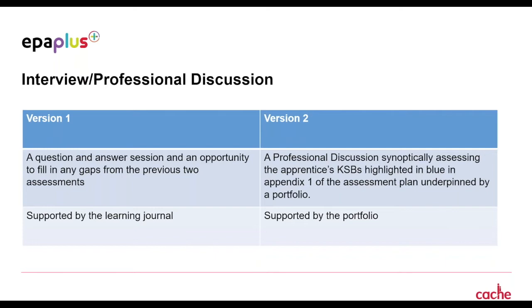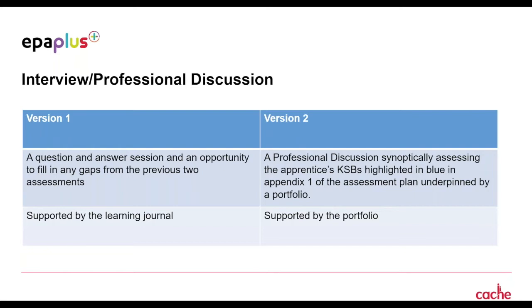And then after that, there is the interview/professional discussion. So in version 1 of the assessment plan, there would be a question and answer session and an opportunity to fill in any gaps in the previous 2 assessments, like we discussed previously.